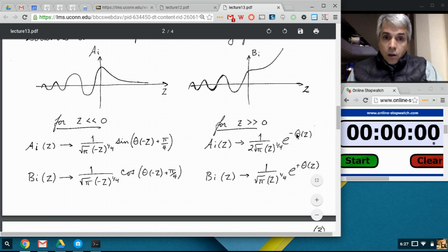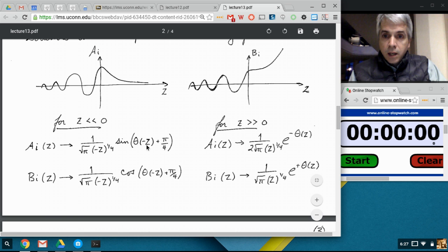Here, we were always sampling it at negative z. And that's something to keep in mind: to compute Airy function values, you'll always be taking z's that are positive. In this case, your z is negative, so you make it a minus z to bring this thing positive. So we'll only be sampling the theta function at positive arguments.